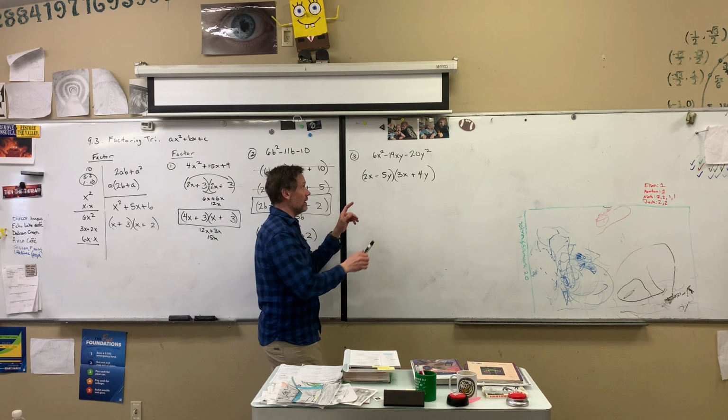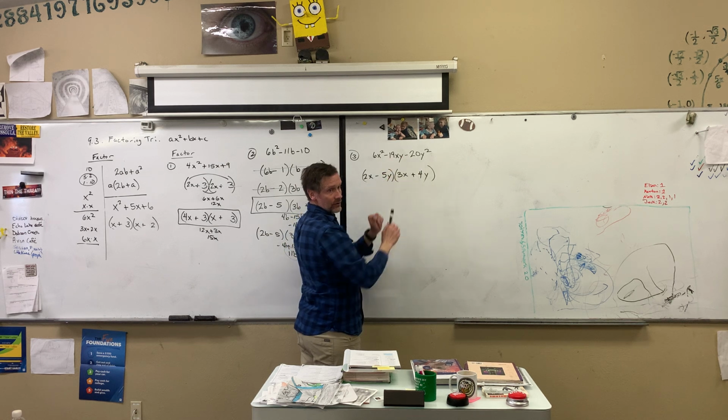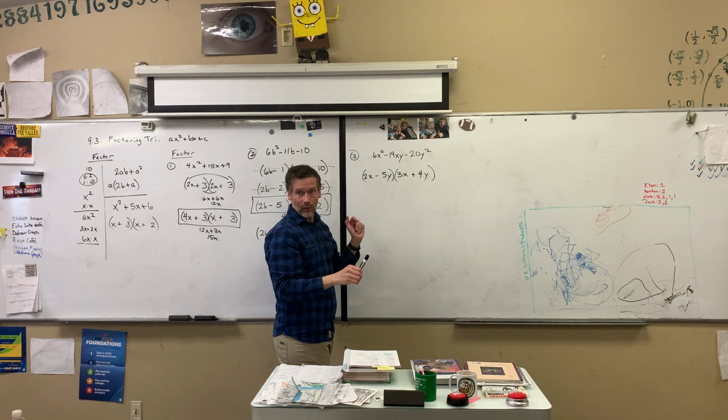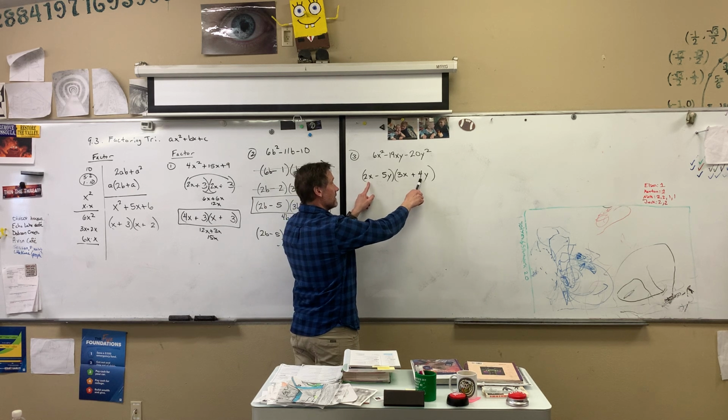So we check it. Ready? 6x squared, check. Negative 20y squared, check. Now all we have to do is check our outers and our inners. So we go 2 and 4 is 8, minus 15. 8 minus 15.